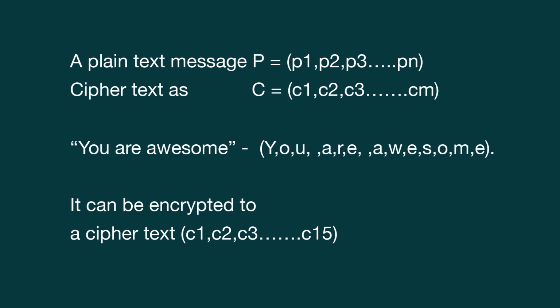For example, the plain text "You are awesome" can be denoted as the message string consisting of the letters of the string Y, O, U, A, R, E, including the white spaces. It can be encrypted to a ciphertext which is C1, C2, C3, etc. C15, and the encryption algorithm is responsible for the transformation.